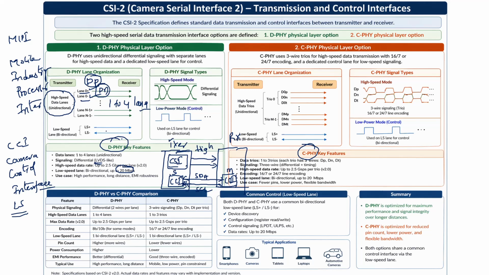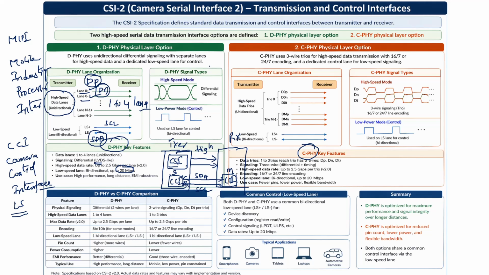One is a bidirectional lane and the other one is a unidirectional lane. For the bidirectional lane we use the SDA line, and for the unidirectional lane we use the clock lane. Okay, so that is the way we transmit the information from the transmitter side to the receiver side by using the D-PHY lane. Similarly, we use the C-PHY lane.